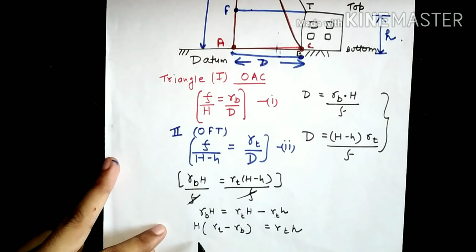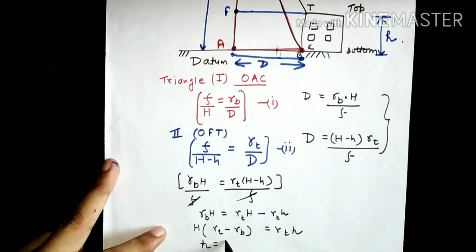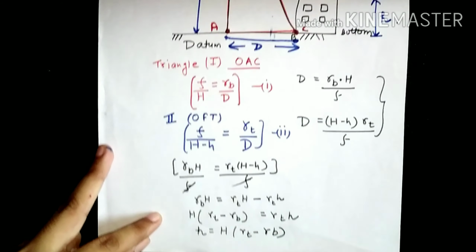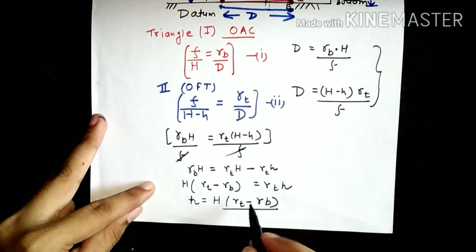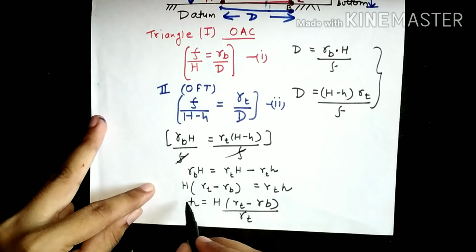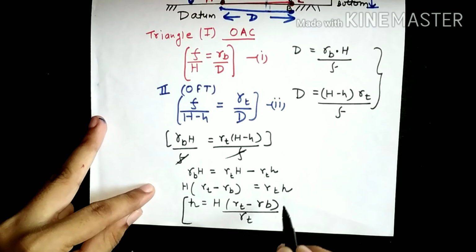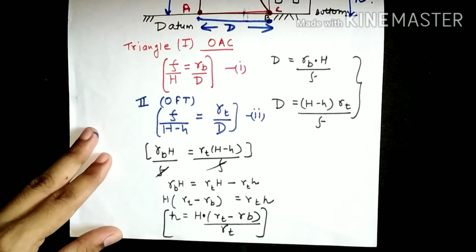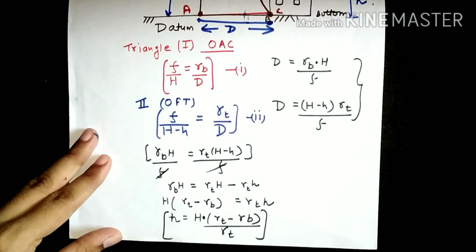And h is equal to H (RT minus RB) upon RT. This is the height of the building, that is small h is the height of the building, and it came here as h is equal to H dot (RT minus RB) upon RT.